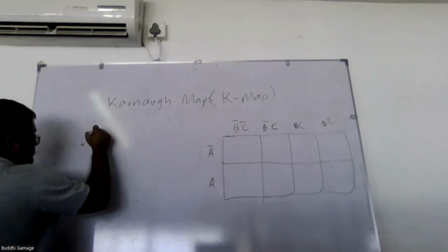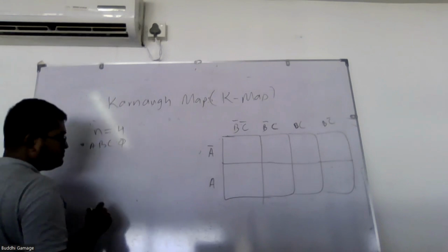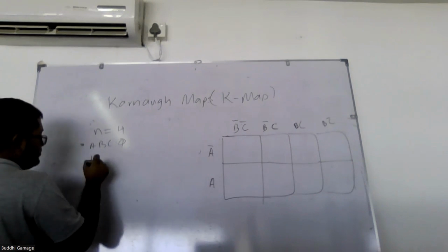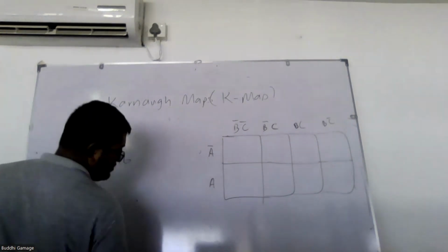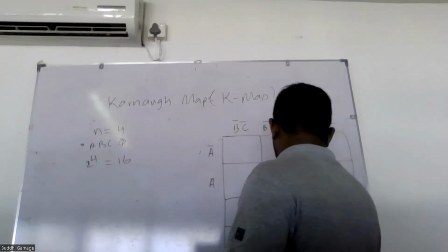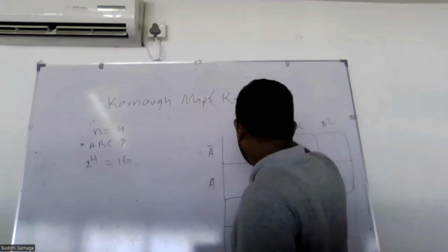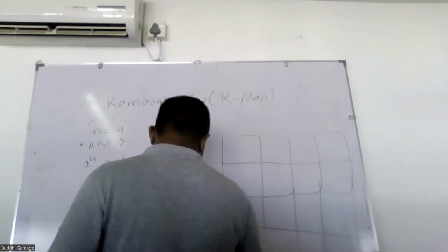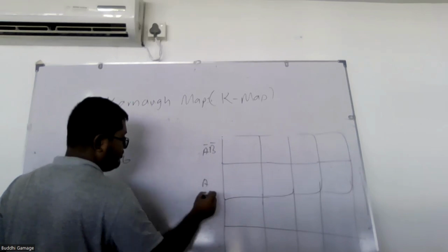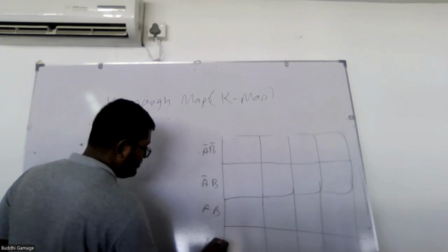Let's say n is equal to 4, with A, B, C, D. There should be 2 to the power 4, that means 16 cells. It should be something like this: A bar B bar, then we only change one variable at a time: A bar B, A B, A B bar.